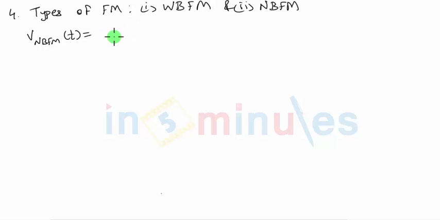So in case of narrowband FM, without worrying about how much power I'm transmitting, how many number of sidebands I need to transmit as per the Carson's rule, without worrying about those things, we very strictly define narrowband FM to have only two sidebands around the carrier. So if I write down the expression of narrowband FM, it comes out to be something like this.